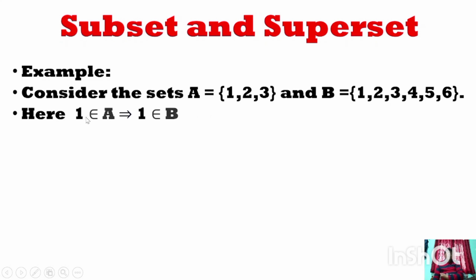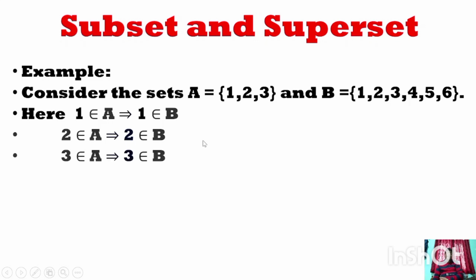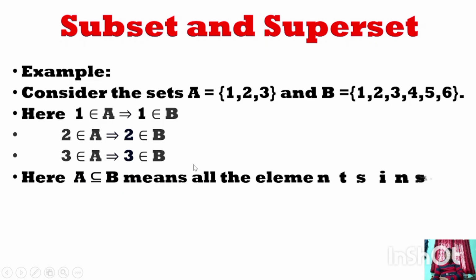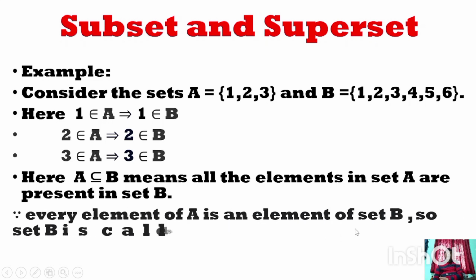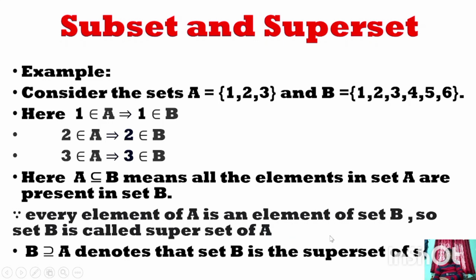Here you see clearly, since A is a subset of B, 1 belongs to A and 1 also belongs to B. 2 belongs to A, which implies that 2 also belongs to B. 3 belongs to A, which implies that 3 also belongs to B. Here A is a subset of B because all the elements of A are also elements in the set B. All the elements are contained in the set B, so B is the superset of A and A is the subset of B. And this is the notation of the superset.